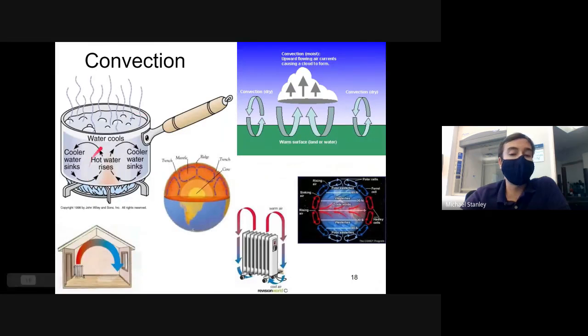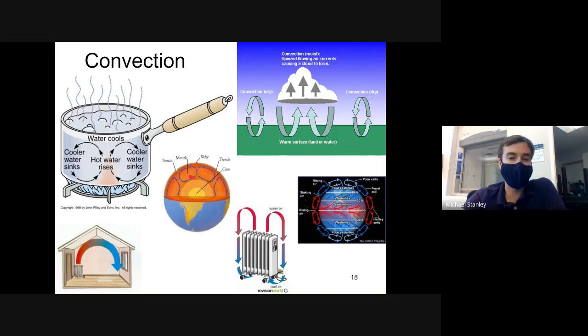So convection is all about these circulating fluids of heat, whether that's in a pot of water, in a single room, or on a really big scale, like in the atmosphere across the entire surface of the Earth and even underneath the Earth's surface.